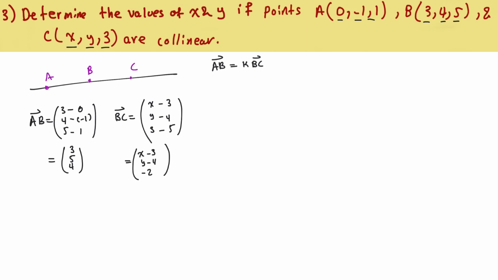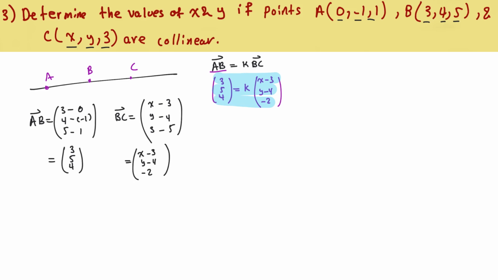We know that for the points to be collinear, vector 3, 5, 4, that's vector AB, is going to equal some scalar multiple of x minus 3, y minus 4, and negative 2, which is vector BC. To solve this, I need to break it down to the x, y, and z components.